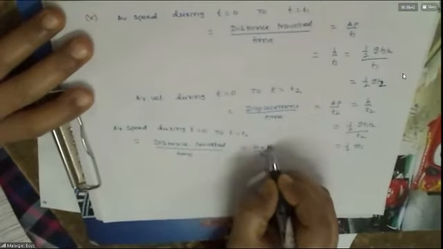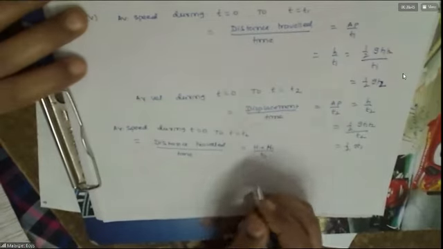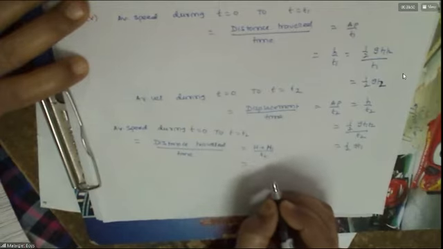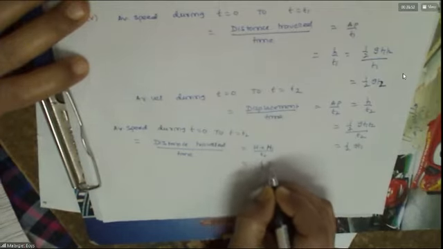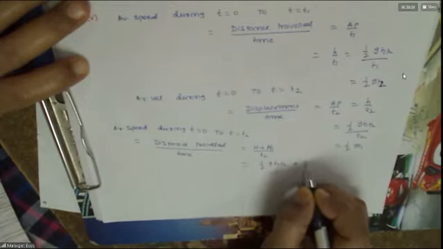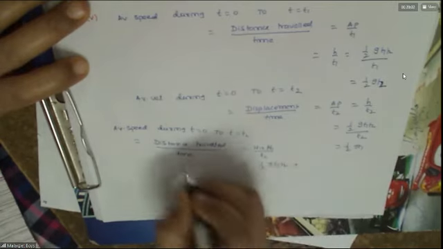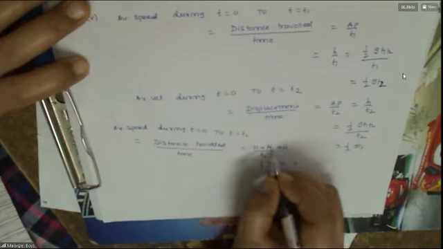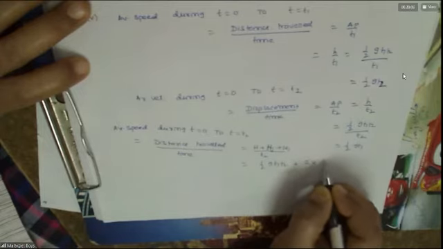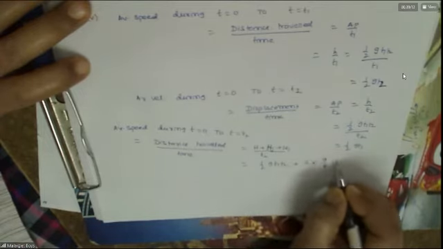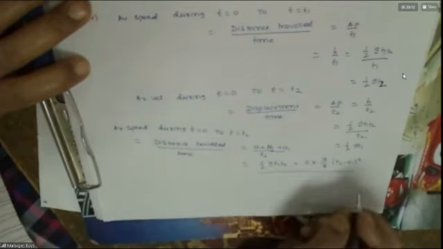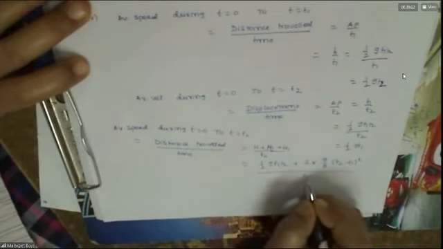So this is H1. You already got H. What is H? g by 8 into (T1 plus T2) whole square. The total distance is this one only, no? Just now you got this. Remember? Check if any doubt is there. By T2. Do you agree with this?